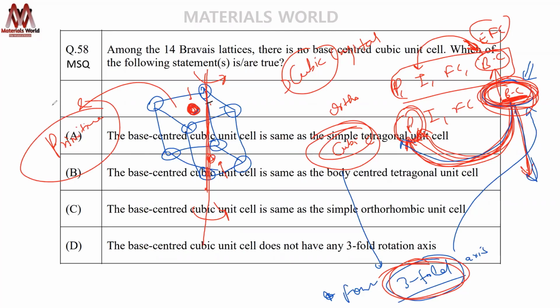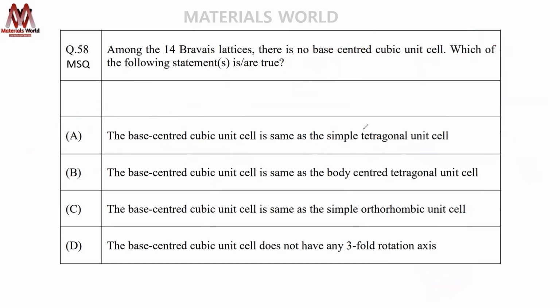So since this base centered is not giving you threefold symmetry, even though it will repeat the primitive one, it basically becomes tetragonal. It will become primitive, but it is not following the symmetry of characteristic cubic. Then it cannot be a member of the cubic crystal system. Got my point? Similarly, in orthorhombic, you have a simple, body centered, face centered, and end base centered or end face centered.